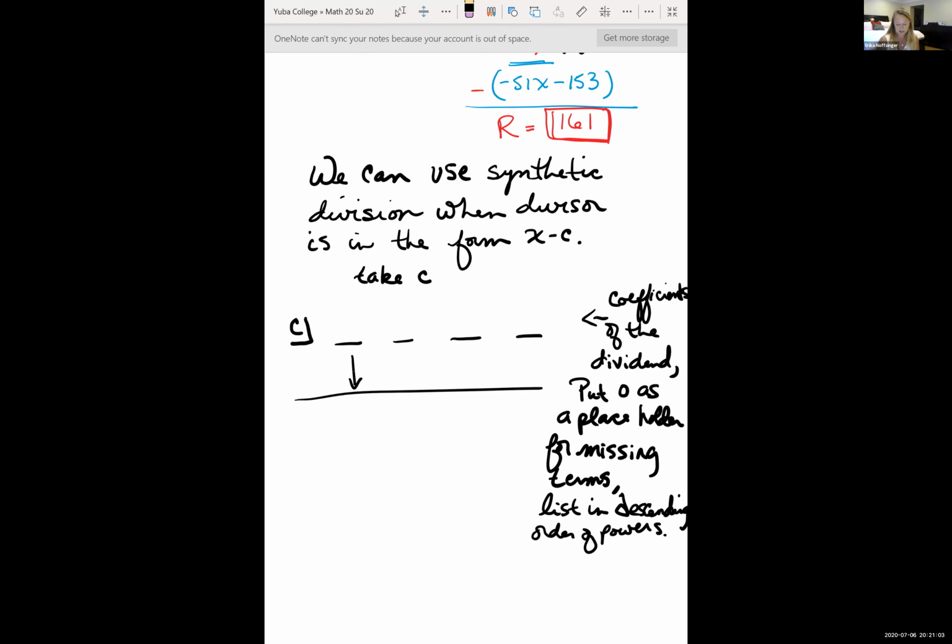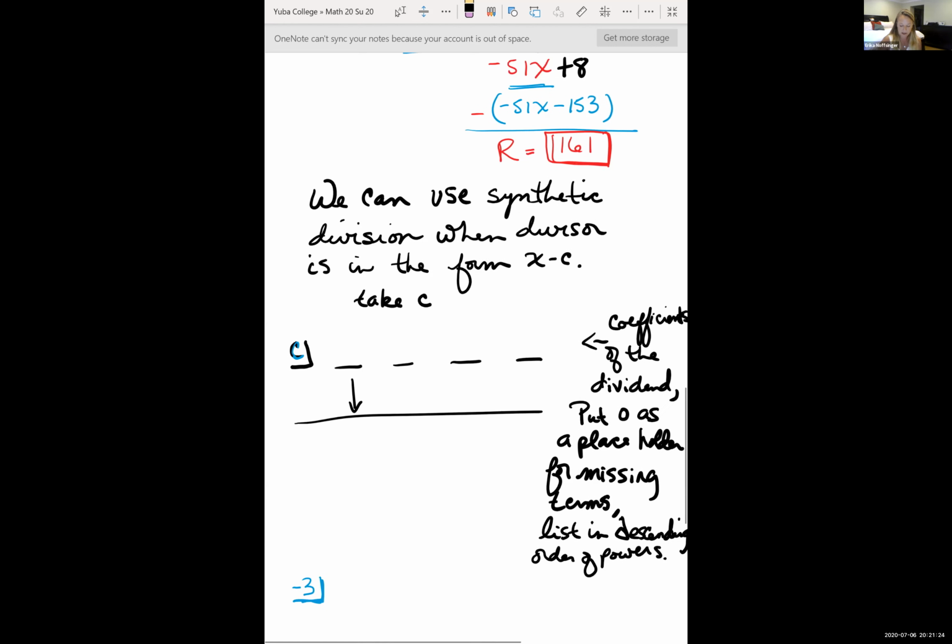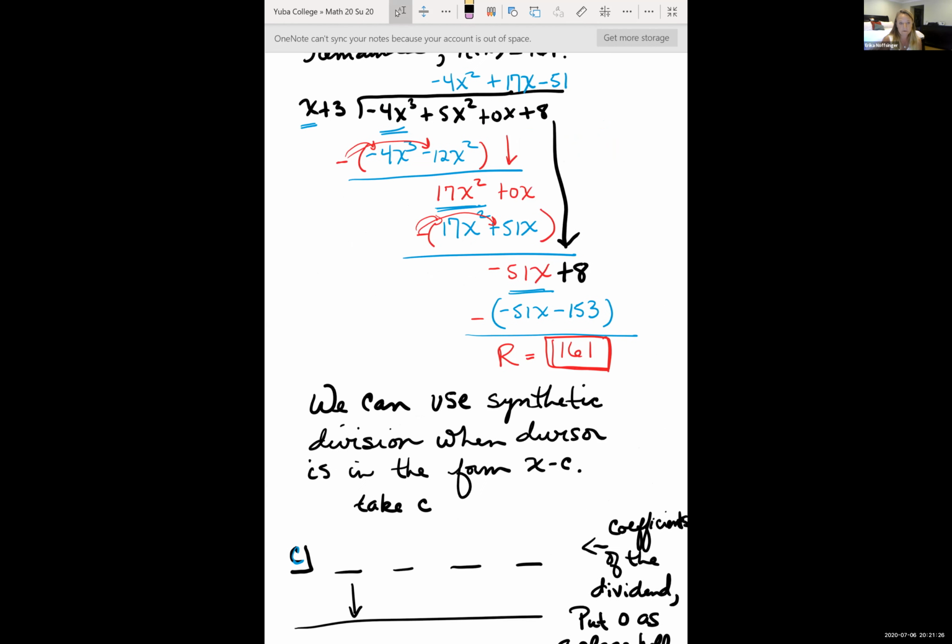Okay, so let's just do that with what we have so far. We were dividing by x plus 3. And so our c value we saw was negative 3. And so we're going to put negative 3 up here in our corner. And then we want to list the coefficients in descending order of powers. So if we look back here, the coefficient of our first term was -4.